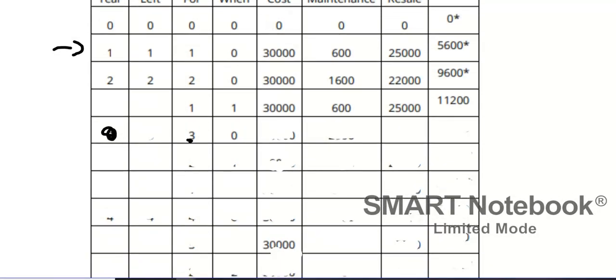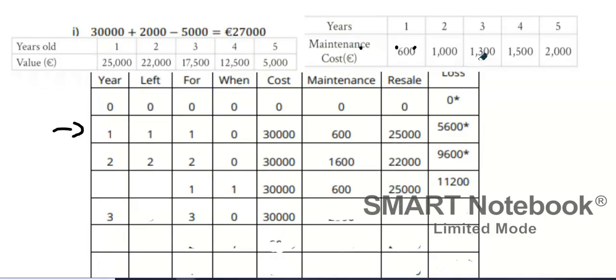Okay, next one. 3 years, okay? We'll go for keep for 3, sell at the very end. You bought it for 30,000. How much does it cost for 3 years of maintenance? 1,600 plus 1,300? 2,900.